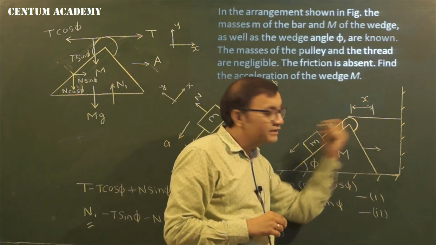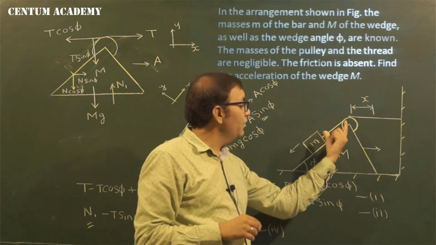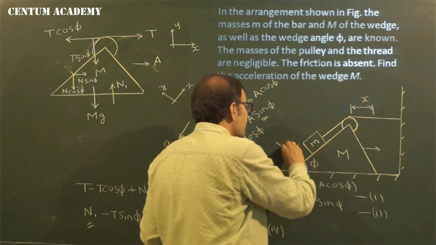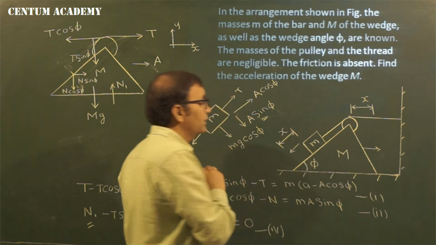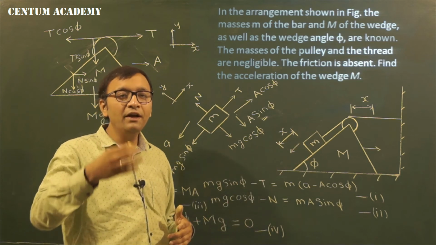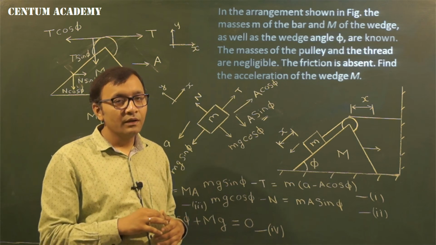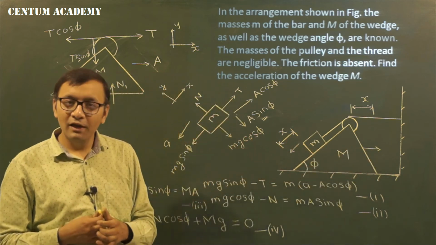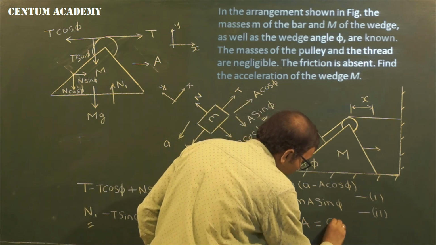When it moves along the x direction, right-hand side, it loosens a string of length x, and that string of length x will be used for small m to slide down, right? So even this small m moves down by x, right? So displacements are equal, and similarly the rate of change of displacement, all of them are the same. So the relation will be capital A is equal to small a. Okay, so the fifth equation is capital A is equal to small a.